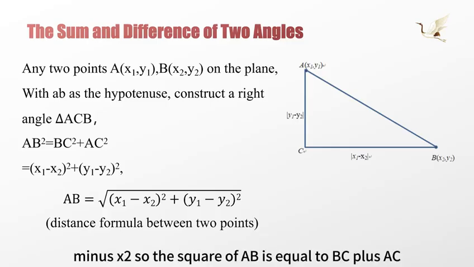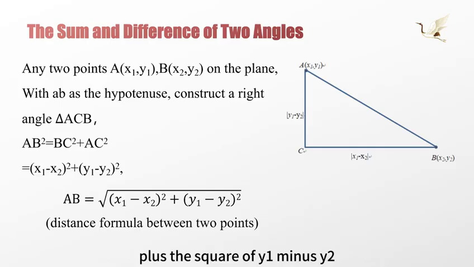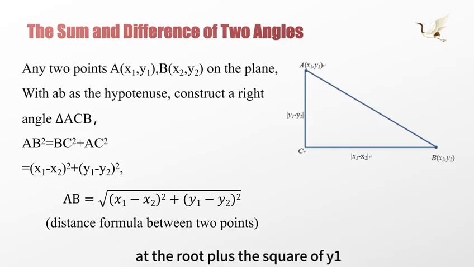So the square of AB is equal to BC squared plus AC squared, which is equal to the square of x1 minus x2 plus the square of y1 minus y2. So we have obtained the formula for the distance between two points: AB is equal to the square root of the square of x1 minus x2 plus the square of y1 minus y2.